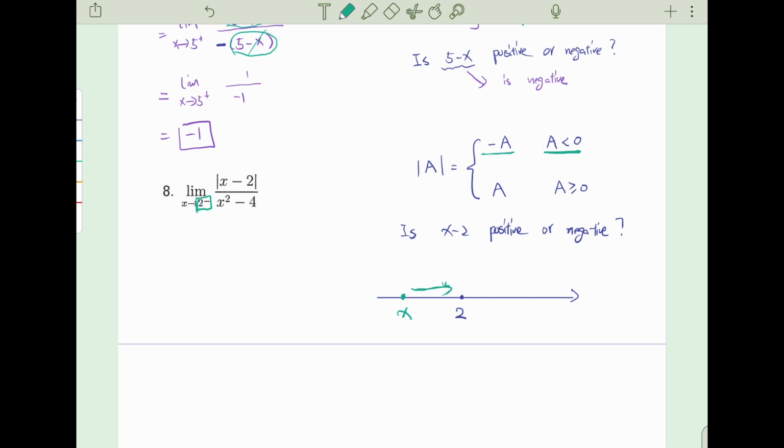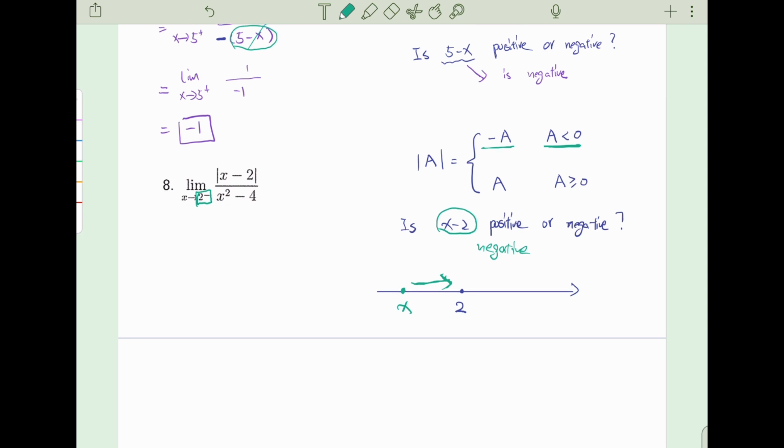You're dragging this point along this line and approaching this 2 from the left side. So you can see that x is always less than the number 2, right? Since it's on the left side, which means that x minus 2 is negative, because you use something that is less than 2 minus 2.